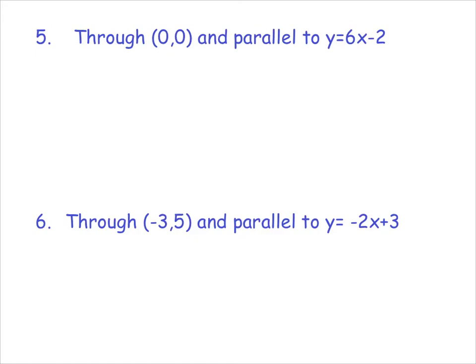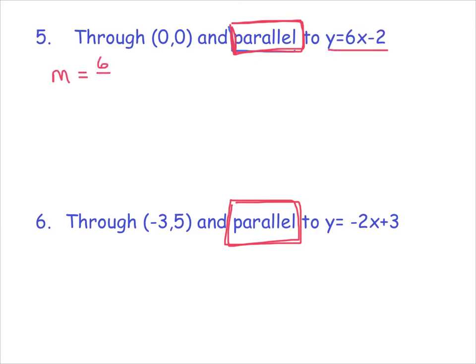So I want you to make sure you're going to do several of these on your own. So the first thing I want you to do is always look for what type of line you're expected to create. So this is a parallel. This is a parallel. So that means both those slopes will stay the same. So we have our slope in this equation is 6 over 1.